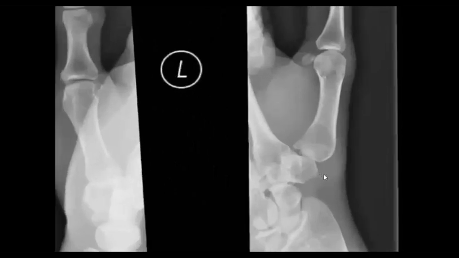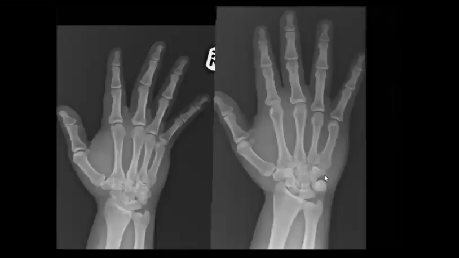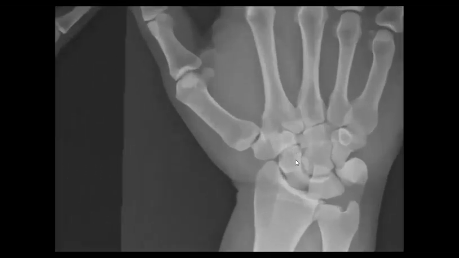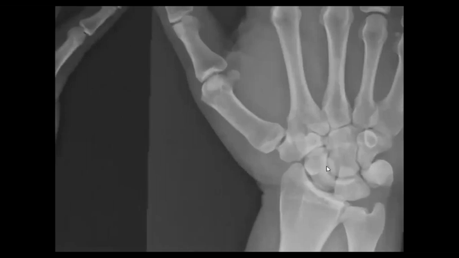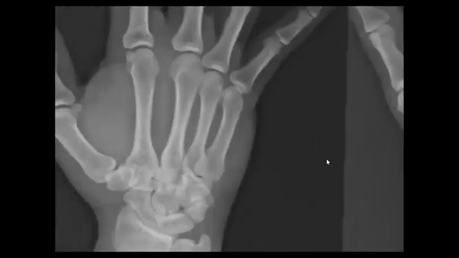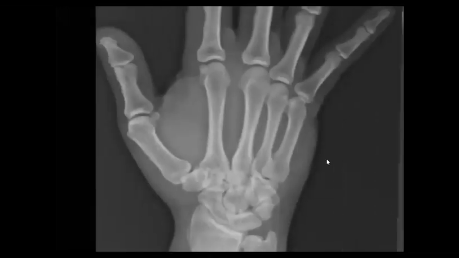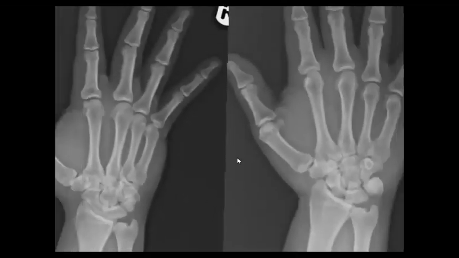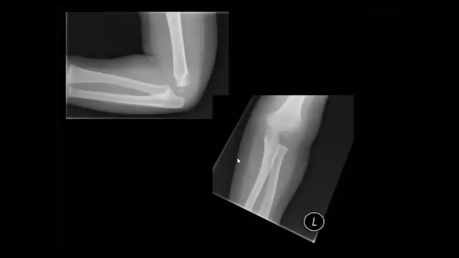Thumb fracture. I tried to find something easier for you. Okay, this one I think is good.